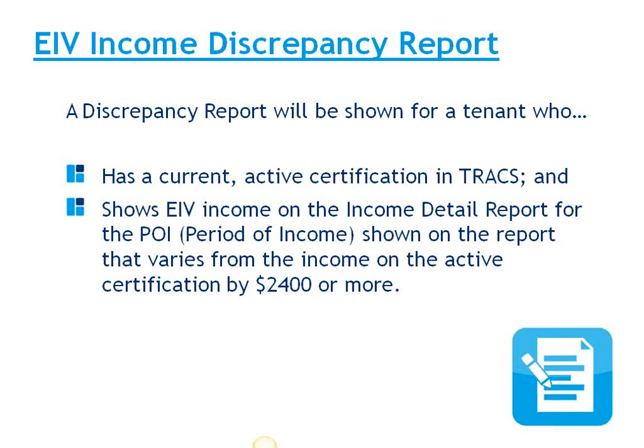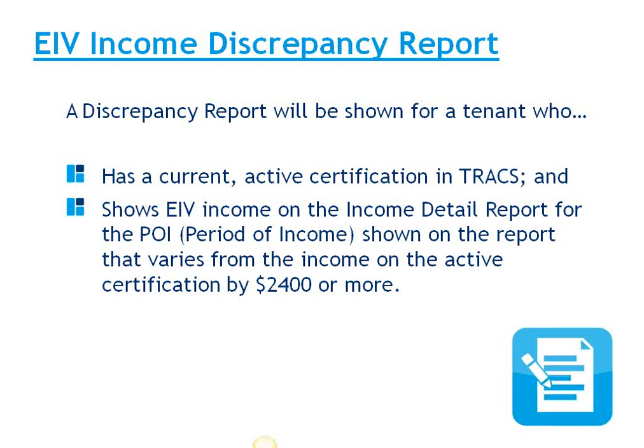If it goes above the $200 a month, the lease says that you need to come in and report that change, right? So there's the background behind that $2,400 threshold. Any questions on the $2,400 threshold?